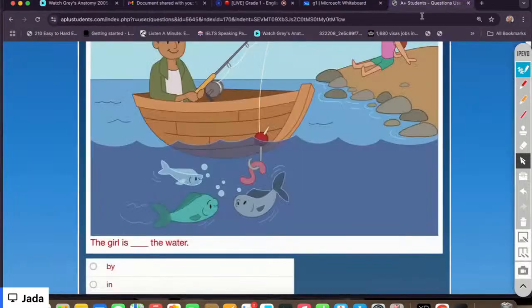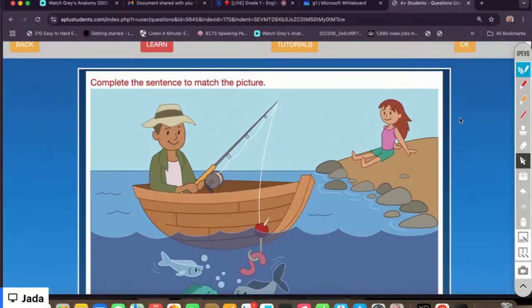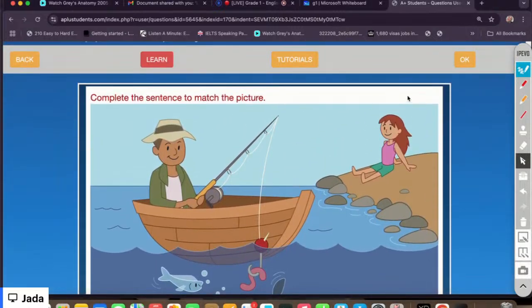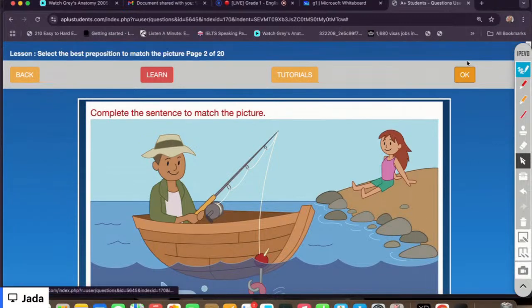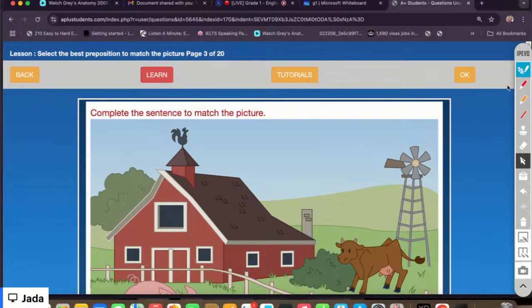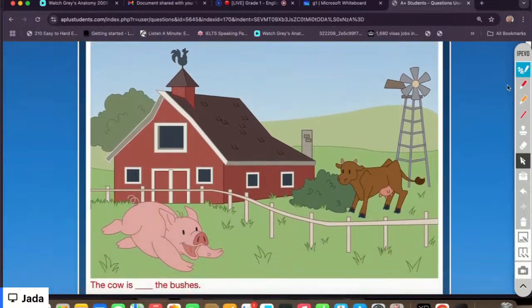So we have by the water. Okay. So let's go click on our answer and see if that is correct. Okay. So good job. The girl is by the water. Good job, guys.